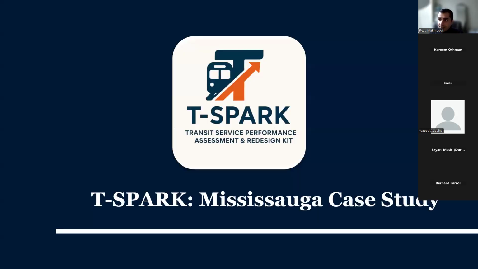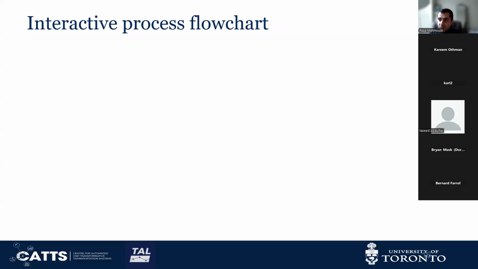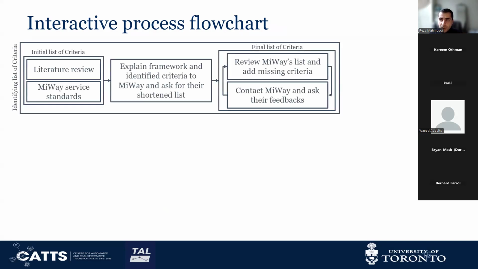Okay, let's see some example results of T-Spark for a real project that we did for the city of Mississauga. So similar to any performance evaluation process, the first step to use T-Spark in our analysis is to identify the list of KPIs.